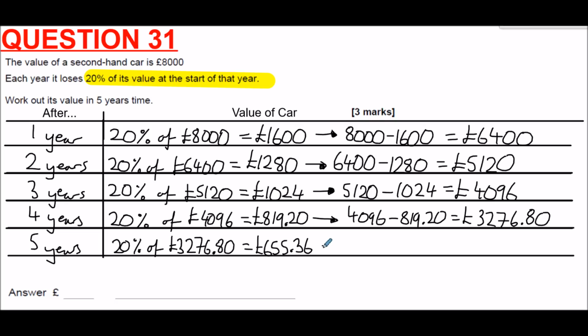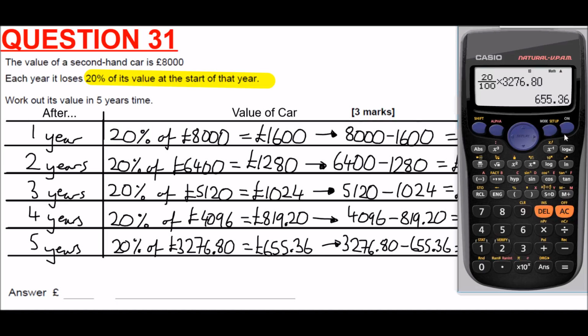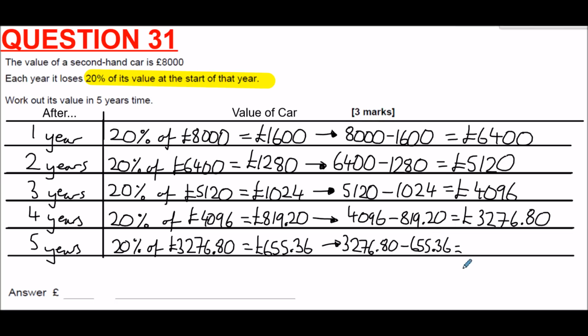And the final step is £3,276.80 minus the value it loses in this final year, 3276.80 minus 655.36. Our final total, £2,621.44.